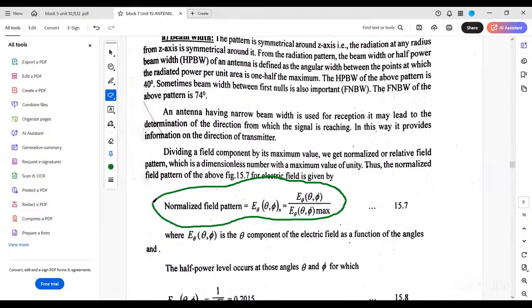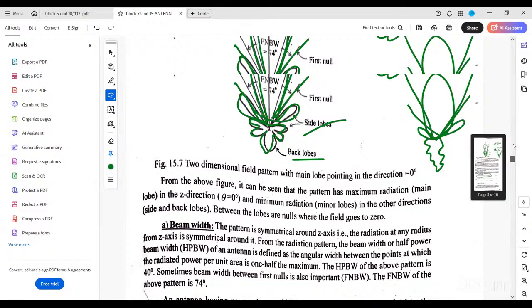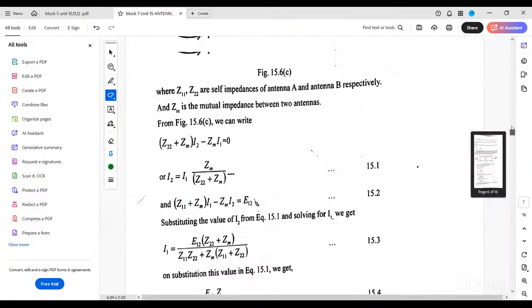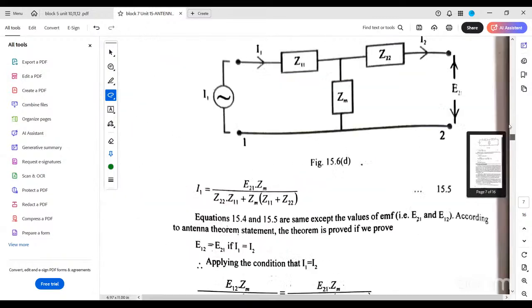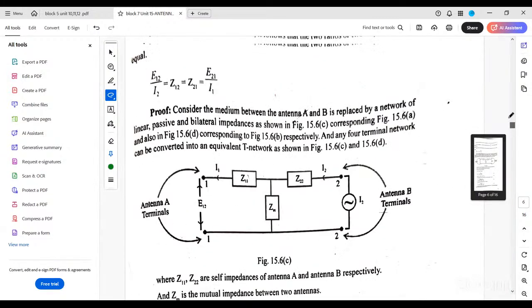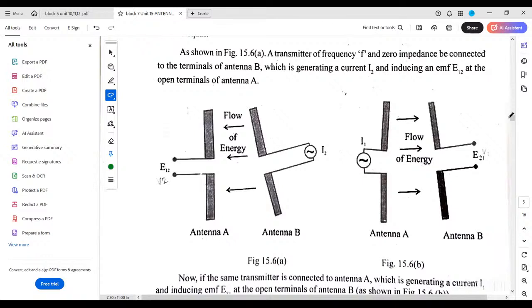And next, come to the directivity. What is directivity? Maximum power by average power. It is the ratio of the maximum power to the average power.